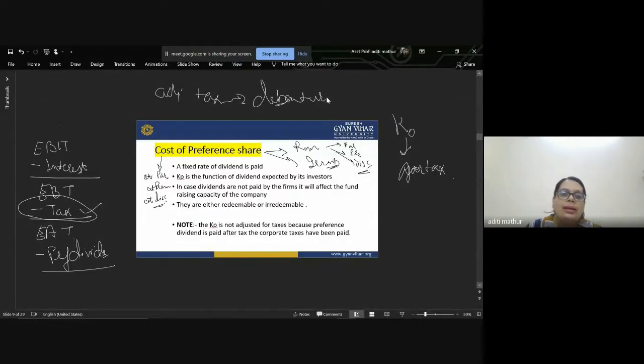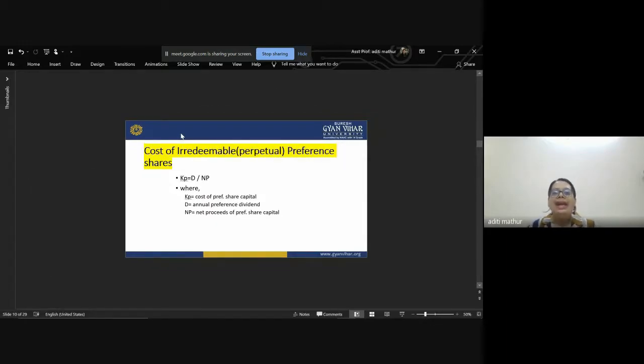Why? Because the interest element associated with the debentures is paid before tax. We have to take the tax into consideration because we need KD after tax, and that is why we were multiplying the before tax element with 1 minus t so that we can get KD after tax. But in the case of preference share, we don't have to consider any tax element because it has already been taken care of.